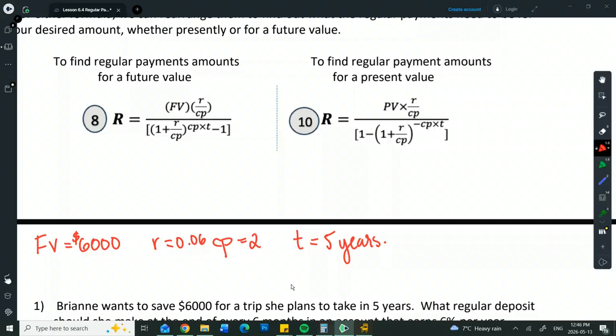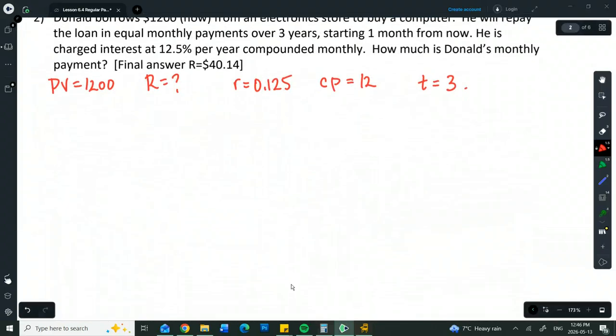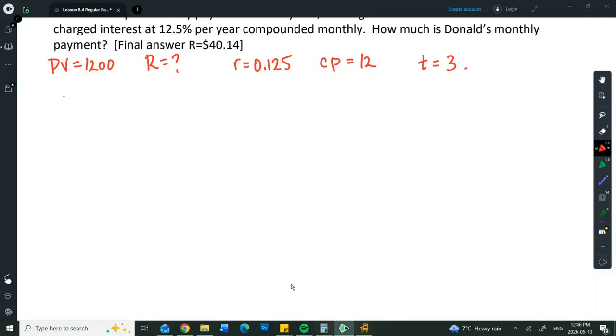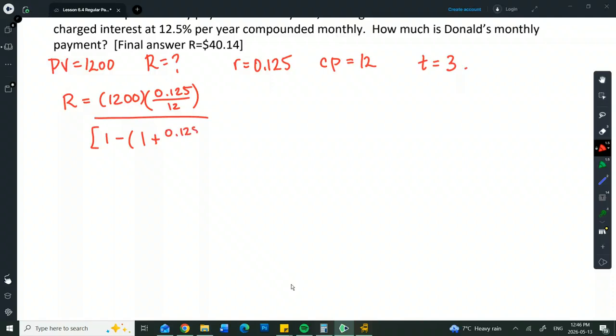Okay, so let's use that rearranged PV formula. Here, if you want to look at it, it's right there. All right, so R is going to be equal to PV times r over CP, 0.125 over 12, all over 1 minus 1 plus r over CP, same thing as we did on top, and then negative CP times T, so negative 12 times 3 in this case.